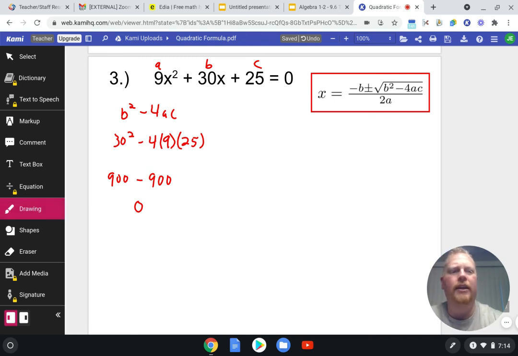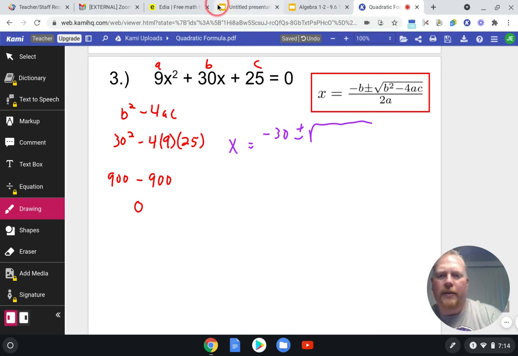Let's start at the beginning. Let's plug everything into x equals negative b plus or minus the square root of b squared minus 4ac all over 2a. So a negative b, that's going to be a negative 30. And then b squared minus 4ac, shortcut time.